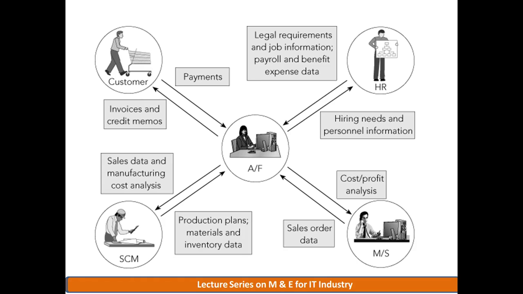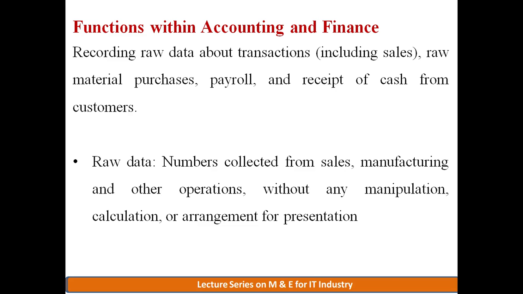So, functions with accounting and finance are recording raw data about transactions, raw material purchases, payroll, and receipt of cash from customers. The raw data include numbers collected from sales, manufacturing, and other operations without any manipulation, calculation, or arrangement for presentation.